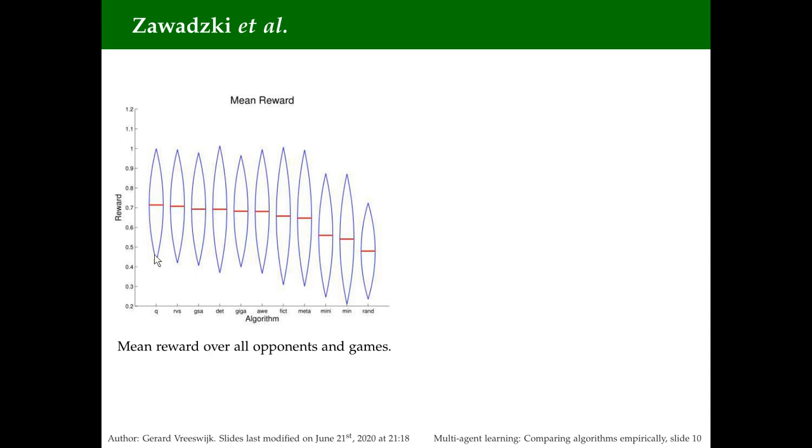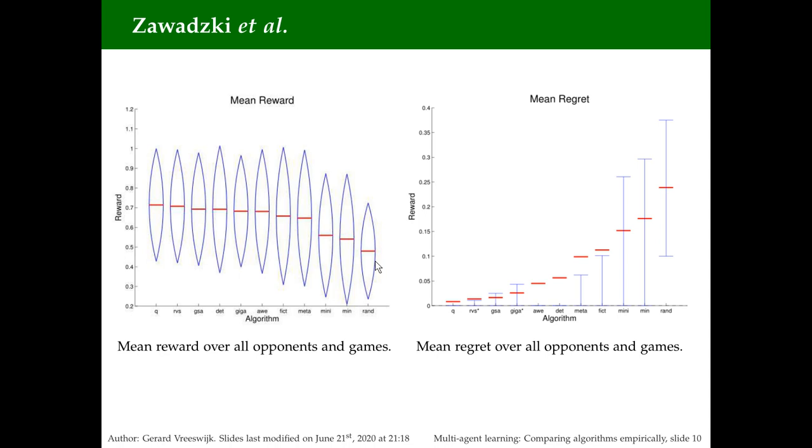So some feathers, this is a feather plot I suppose, are more stretched than others, which means that the variation is higher. Of course, random performs worse. Then another measure of performance is regret. Among all algorithms, the mean regret of Q-learning was the smallest, and of course random had the highest mean regret.